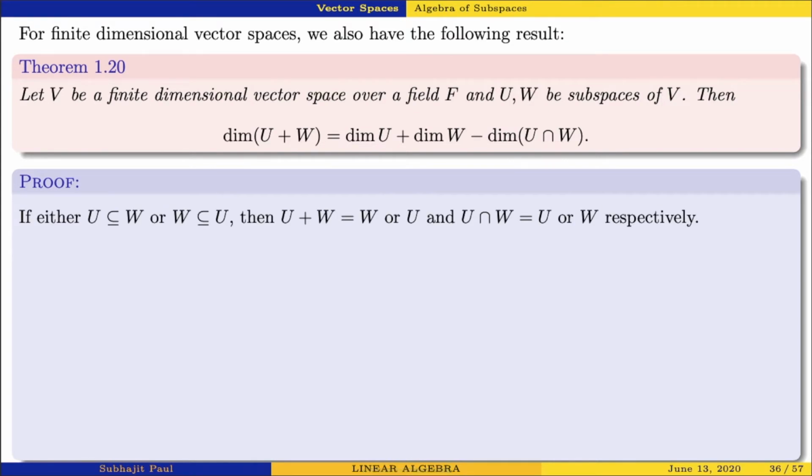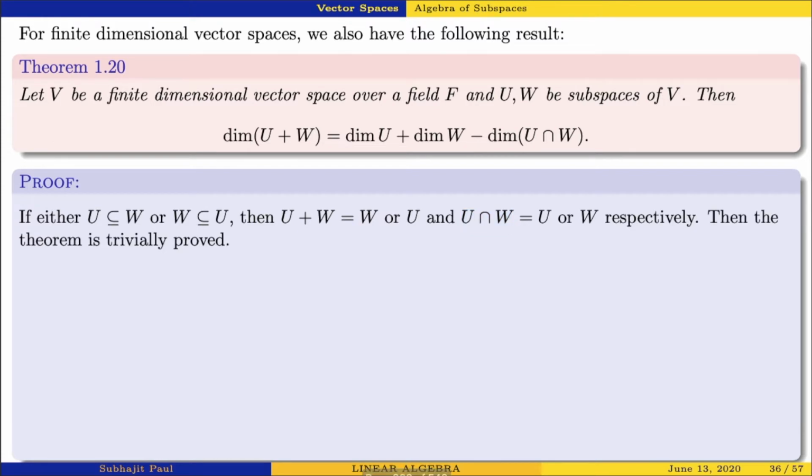If either U is contained in W or W is contained in U, then U plus W is equal to W or U respectively, and U intersection W will be U or W respectively. So U plus W will be the bigger one, and the intersection will be the smaller one if either of them is contained in the other.